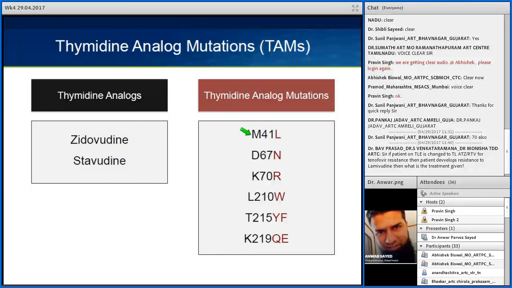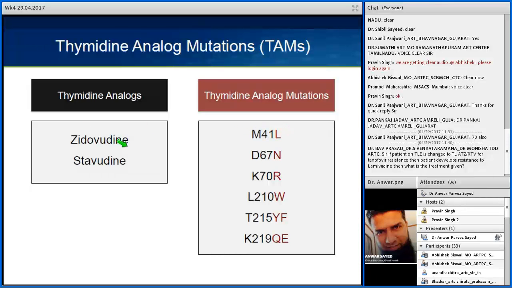We spoke about genetic barrier to resistance. These drugs are in the middle of the graph which I showed you, on the scale of 1 to 4. If 1 is a drug having very low genetic barrier to resistance and 4 is a drug having high genetic barrier to resistance, these drugs are in the middle. What does it mean? If the virus develops this mutation, this drug will still be active.